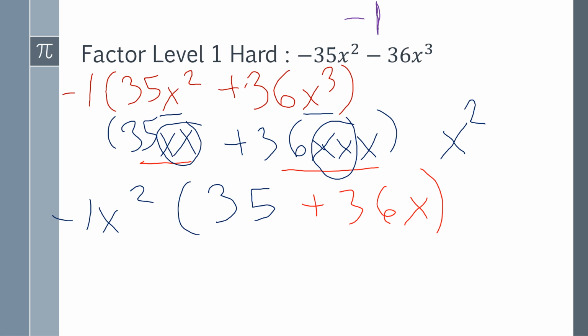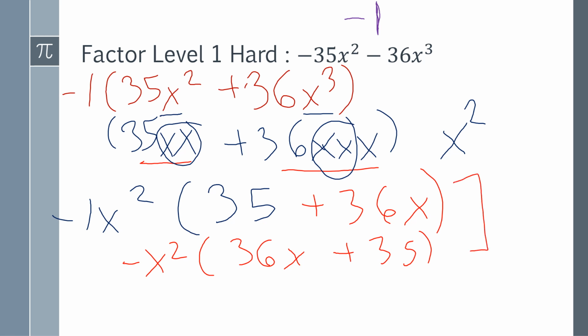Now, you can rewrite this if you want to. You could rewrite this as negative x squared times 36x plus 35. Either of these answers are doable. They're fine.